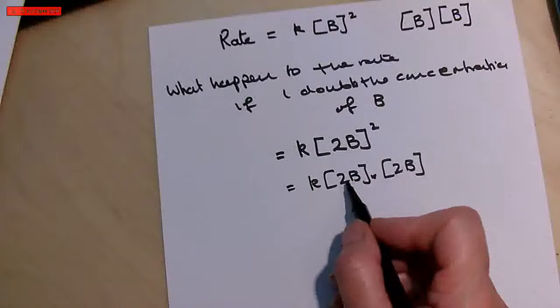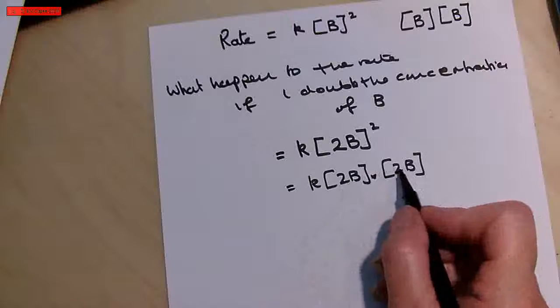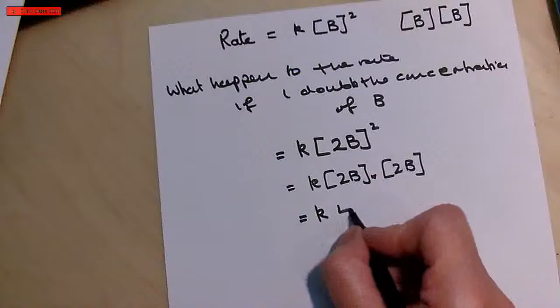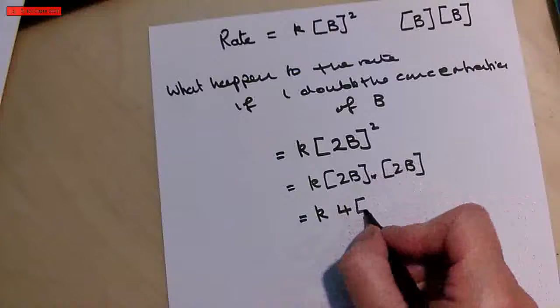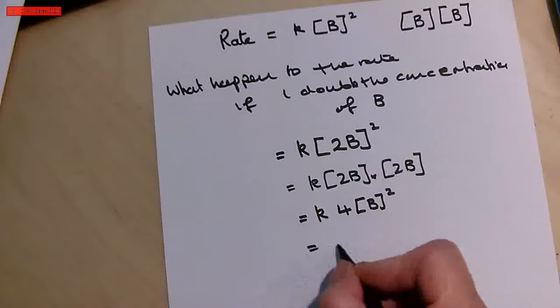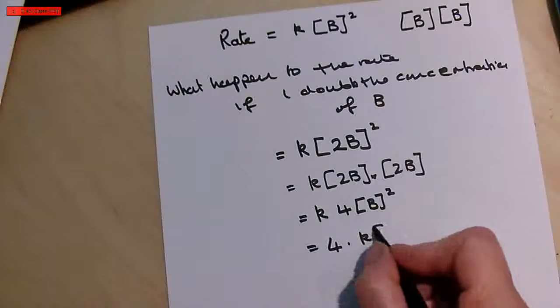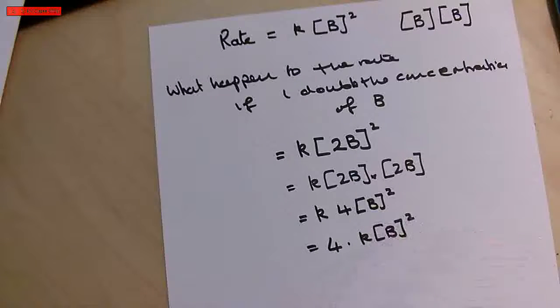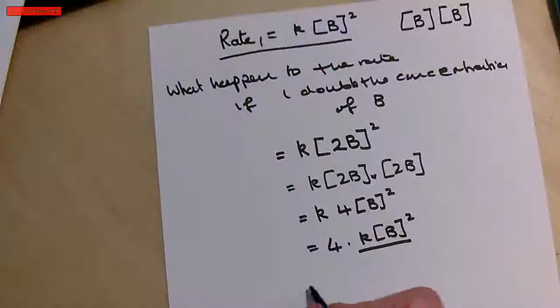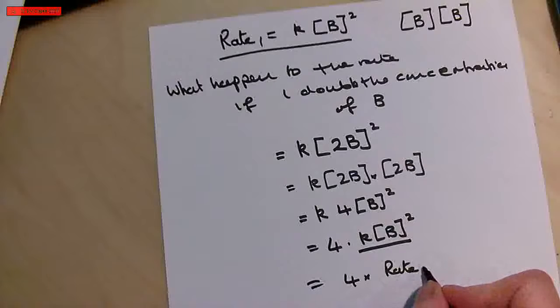Okay, so I've got twice the concentration of B and twice the concentration of B. So 2 times 2 is 4, and B times B is B squared. And if I rearrange this, I've got 4KB squared. I can see that this is the same as our initial rate, call it rate 1, so it equals 4 times rate 1.